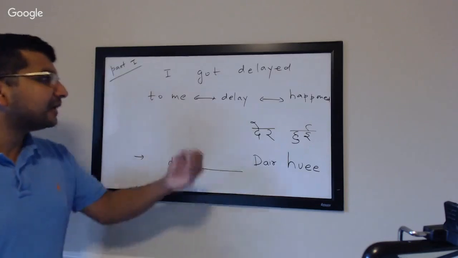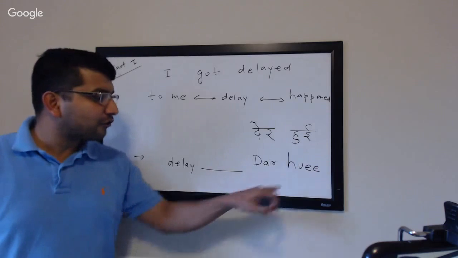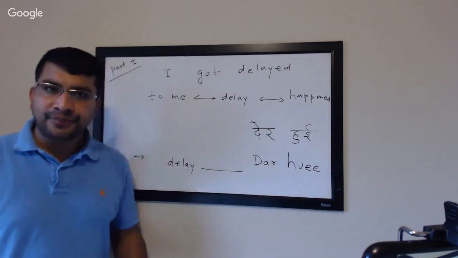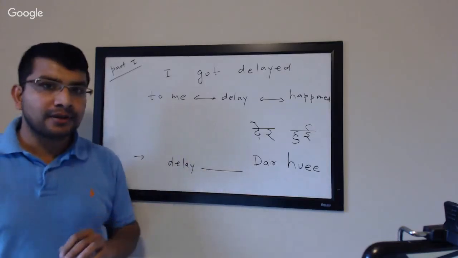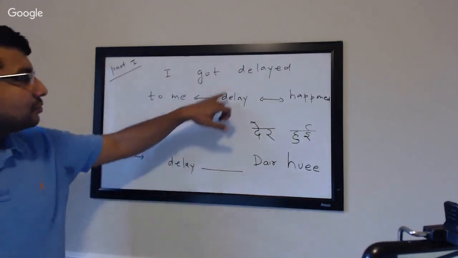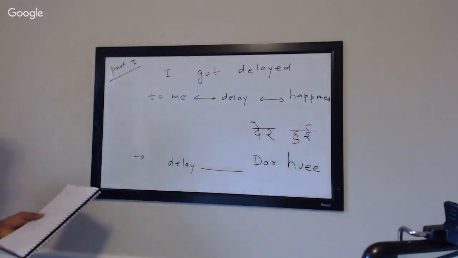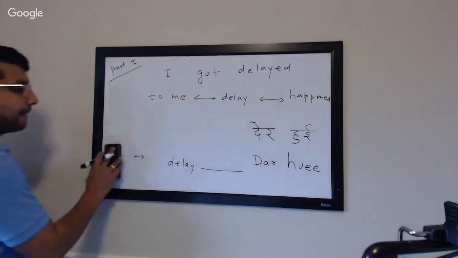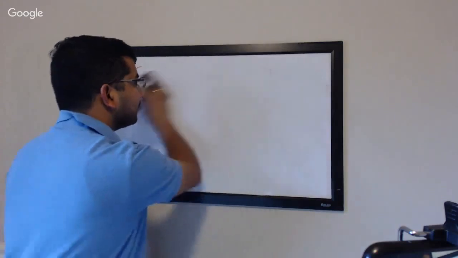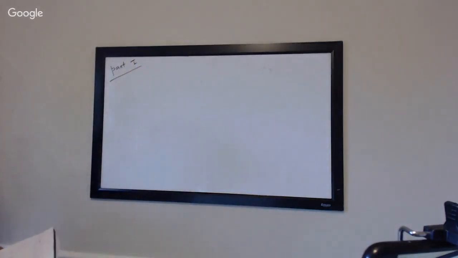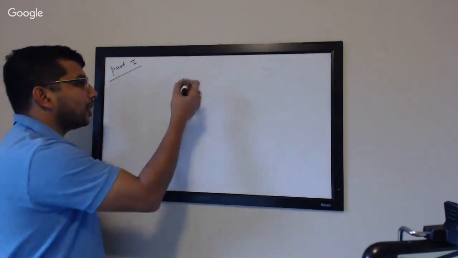Wherever there is a notion of forms of hui or hona, in the past you will see that we are referring to happen, the past of happen, or also got or became. So let's continue to have more examples. Let's say you want to say that a problem happened to you.